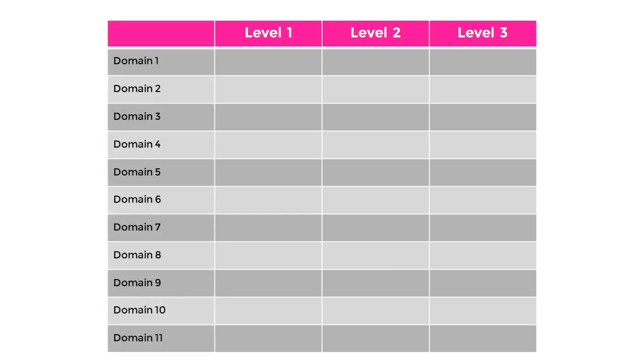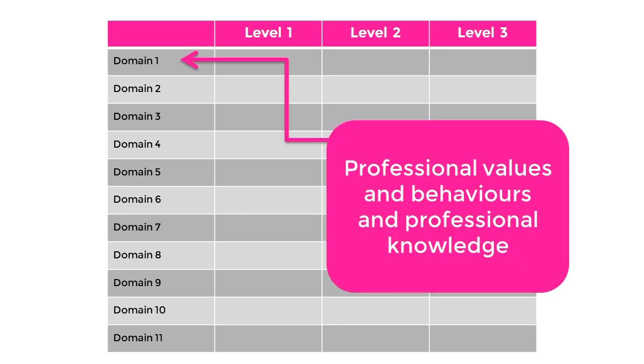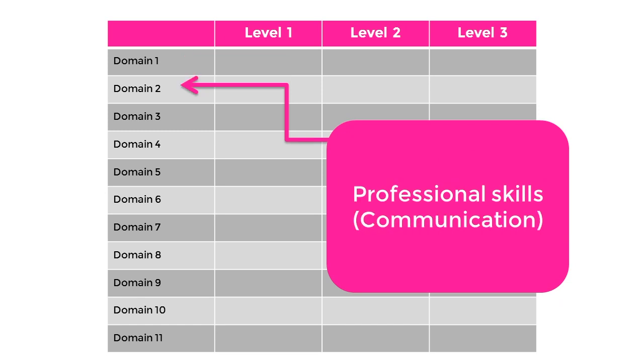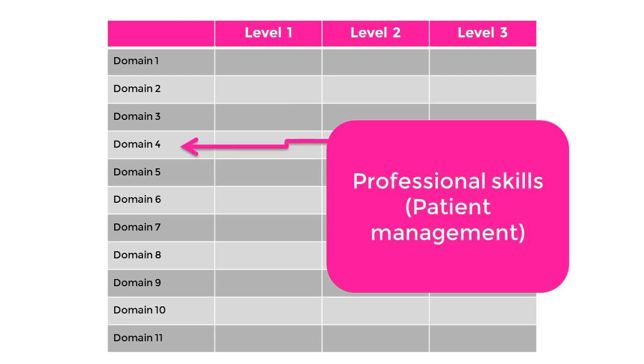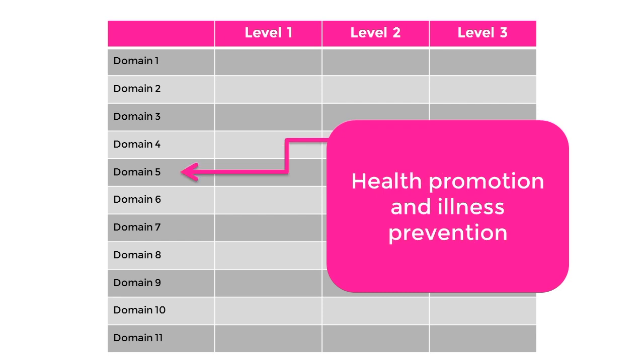There are 11 curriculum domains representing the themes of skills and knowledge to be developed throughout your time in training. 1. Professional values and behaviours and knowledge. 2. Communication. 3. Procedures. 4. Patient management. 5.